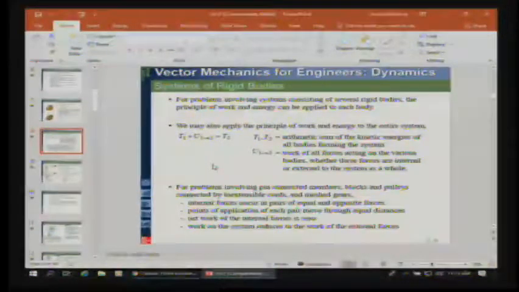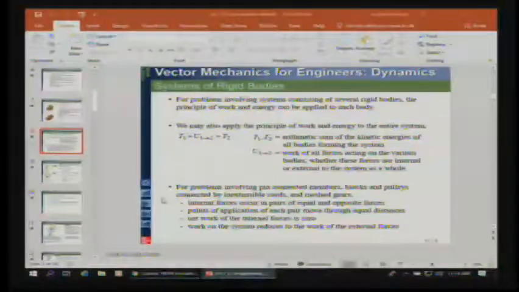So if you have two bodies that comprise a system, then you have to think about both the external forces to the system and the internal forces within it. Then again, we can eliminate some of this stuff where we have connectors, pins, blocks and pulleys connected by cords that don't stretch, and mesh gears.